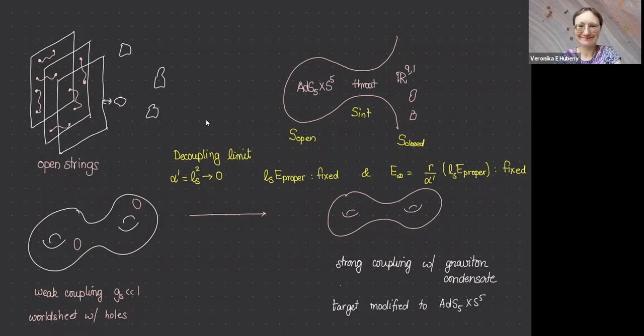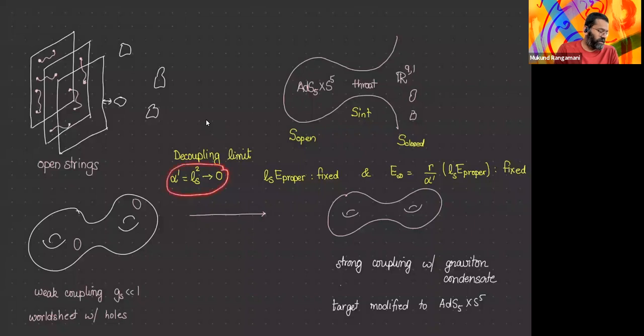Great, thanks. So yesterday, I started with talking about theories with a large number of species, large N theories, and then worked my way towards this decoupling limit which was discussed by Maldacena. I argued that if we look at D3 branes in flat space, then in the particular decoupling limit where I'm sending the string length to 0, keeping fixed some proper energies, both down the throat and at infinity, I end up with the near horizon geometry, which is AdS5 x S5.